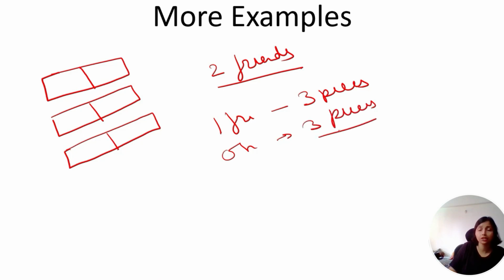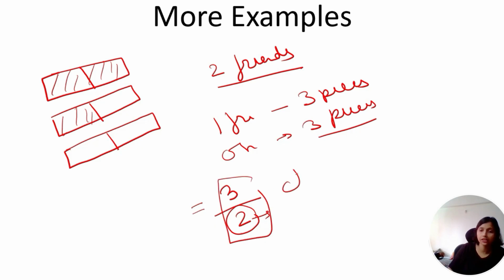But let's talk in terms of the full chocolate. Since one person will get 3 parts of the chocolate, so 3 out of 2. What does 2 represent? 2 indicates the total number of equal parts in the chocolate. So 2 gives the idea of the size of the part. So each friend will get 3 by 2 of the chocolate.